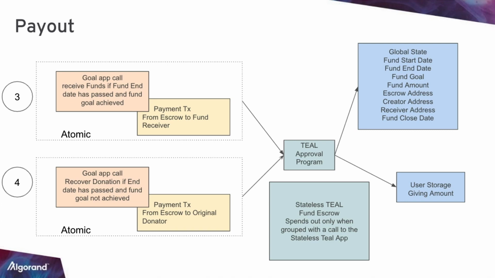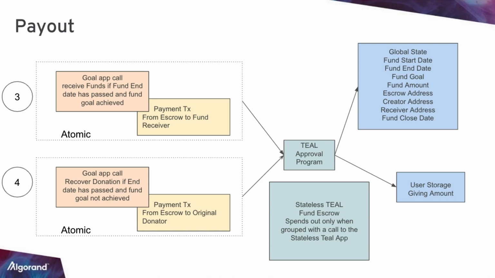Those are the two transactions that would have to be grouped. Like I said, the fund escrow only spends when it's grouped with a call. That's built into the logic of that stateless contract. It says, I will not allow any funds to leave this account unless they also call this specific application at the same time. So that's a way of linking the two together. That would be the payout.